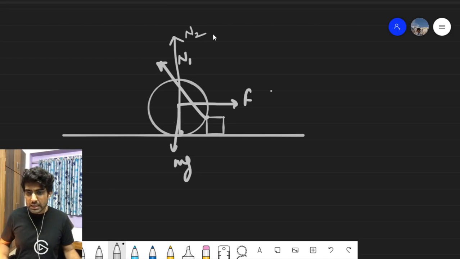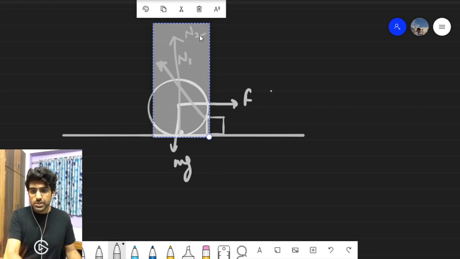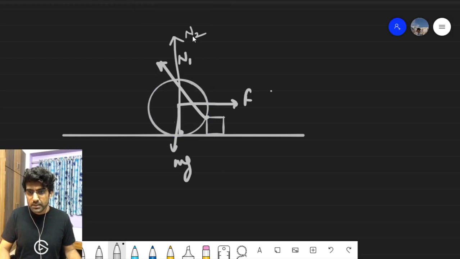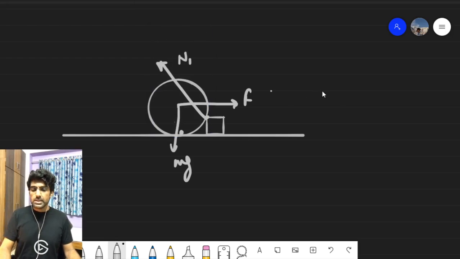As soon as this object starts to topple, what we will observe is that this n2 starts to vanish. This n2 will start vanishing. Why is that? Because the sphere will start leaving the contact surface of the ground. n1 will still exist, it is variable as soon as it starts to topple.